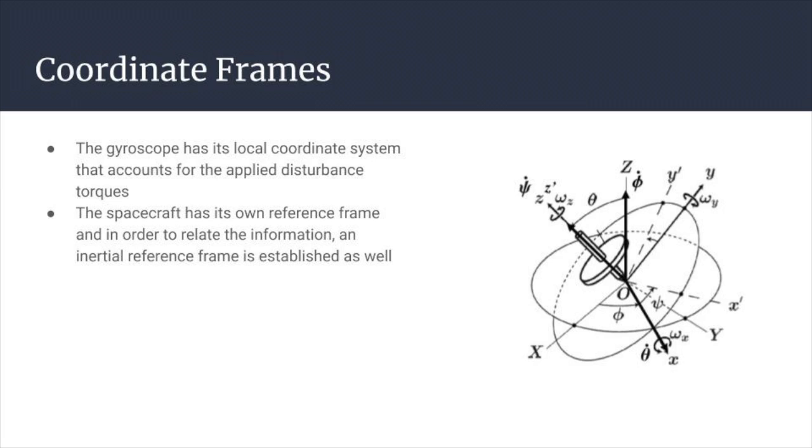Additionally, the spacecraft has a separate reference frame, which is related to an inertial reference frame, defined by the capitalized X, Y, and Z. This is established in order to relate the information of the spacecraft and the gyroscope reference frames.